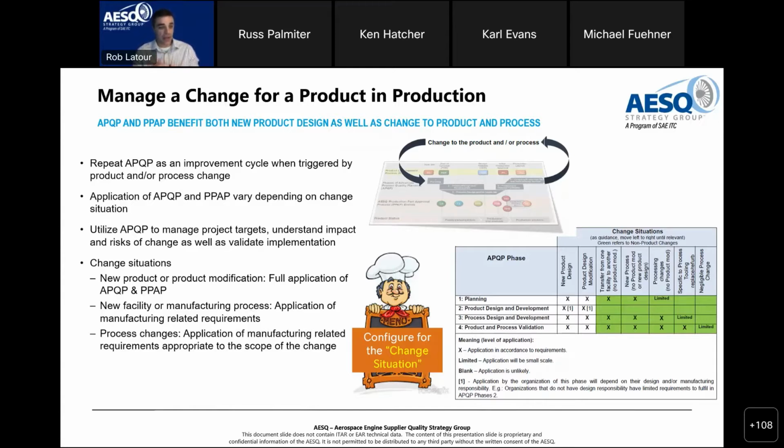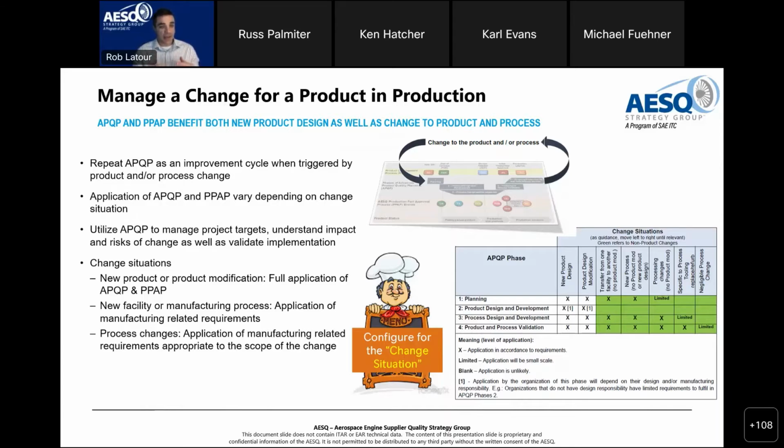With a brand new design, you're going to really go through design and development. You're going to have to look at your manufacturing process design and development, to how it fits that new design, and then ultimately go through a validation phase and get relaunched back into production with the new design. Now, when you get to a design modification, you're still going to need to go through the 4 phases, but this is where the concept of configuring really comes into play. Carl talked about it as a menu, and we're going to pick the right things from the menu. And you can look at it the same way here with this modification thought process.